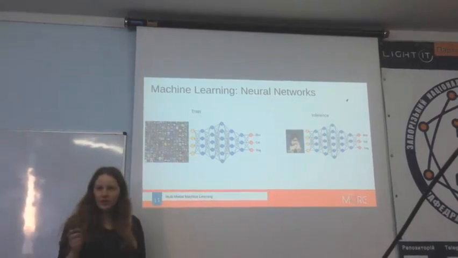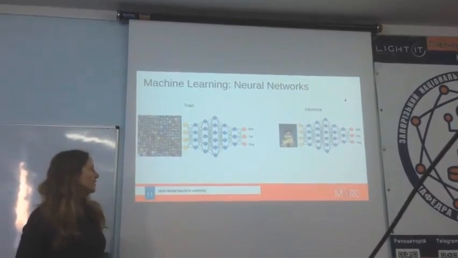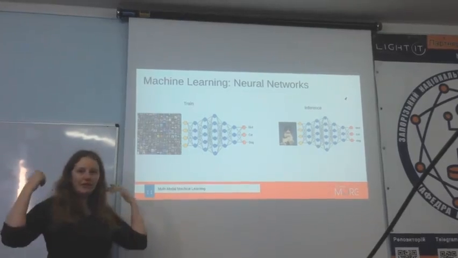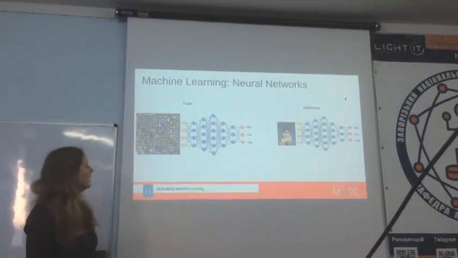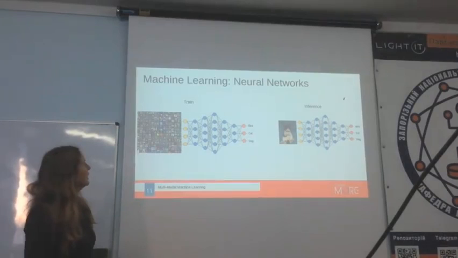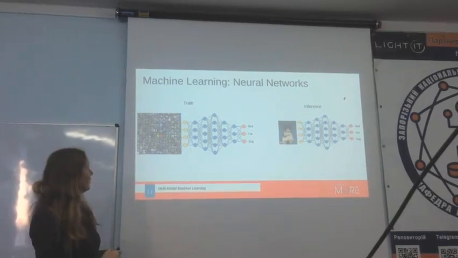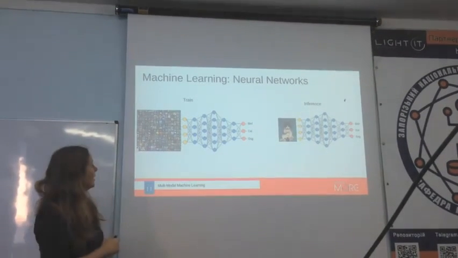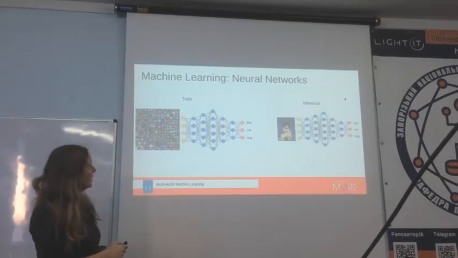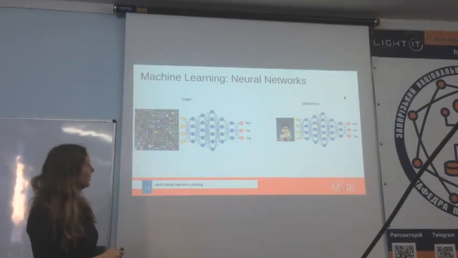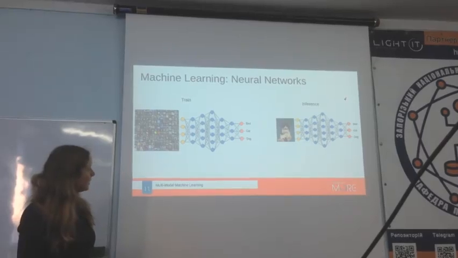Neural networks, as most of you already know, are also based a little bit on our brain. We have neural networks like this. We have inputs, so we have lots of pictures. Then it goes through these nodes. We call these blue ones the hidden layers.